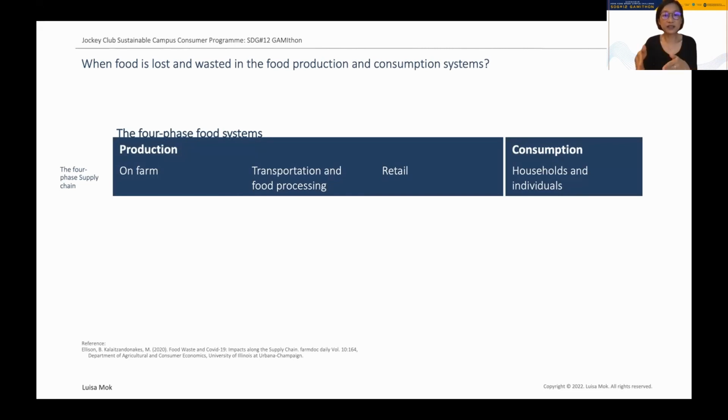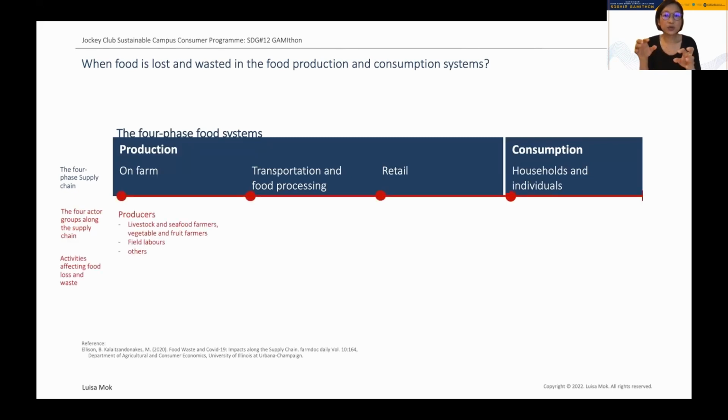The second phase is transportation and food processing. After harvesting the produce or after growing the fish or cows, you will transport it for food processing. And then after that, you will transport the food to retail, for example supermarkets and grocery stores. And finally, it goes to the household for them to purchase and consume.